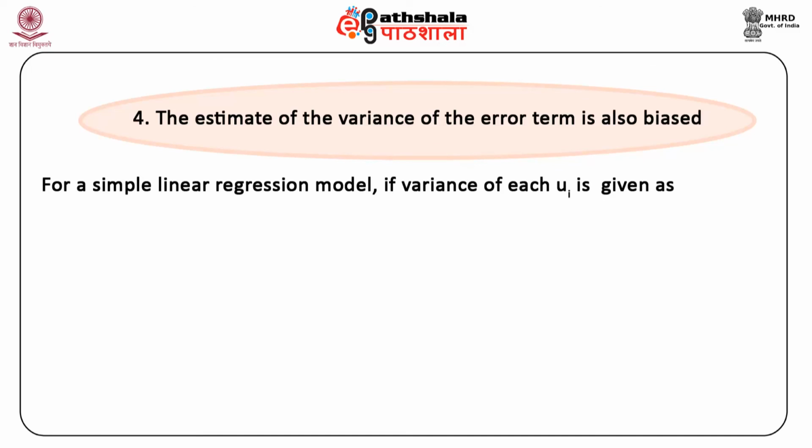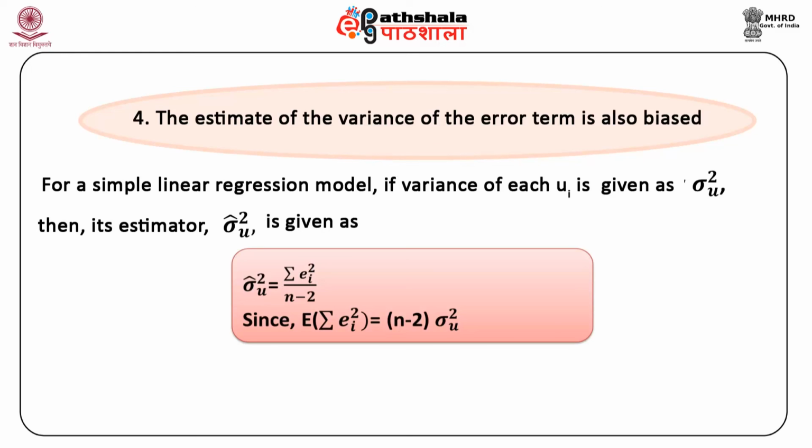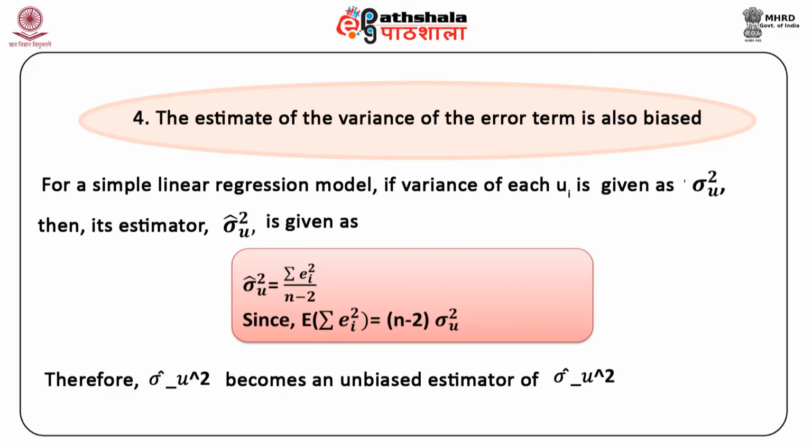For a simple linear regression model, if the variance of each ui is given as sigma u squared, then its estimator sigma u hat squared is given as sigma ei squared upon n minus 2. Since the expected value of sigma ei squared is equal to n minus 2 times sigma u squared, therefore sigma u hat squared becomes an unbiased estimator of sigma u squared.